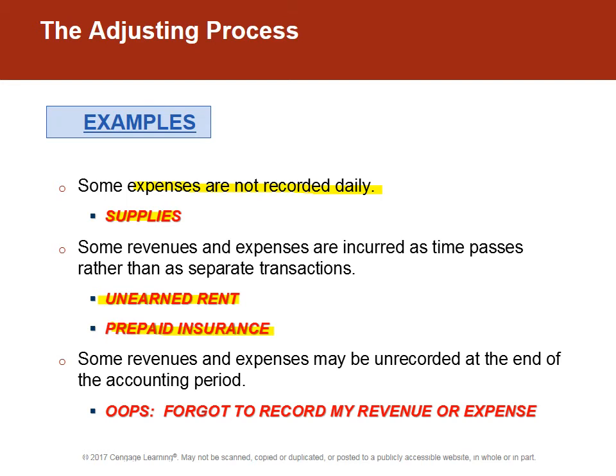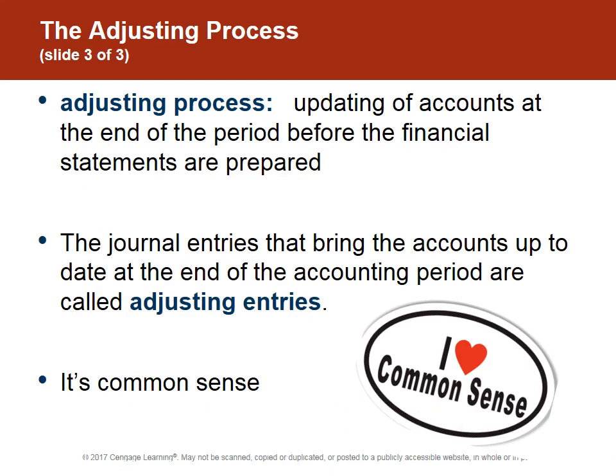Now, sometimes too, revenues and expenses are recorded at the end of the period, and this is sort of the, oops, I forgot to record my revenue or my expense, and it's time for me to do so. So we're going to be looking at all kinds of examples. This is called the adjusting process. I love common sense, because it really is common sense.